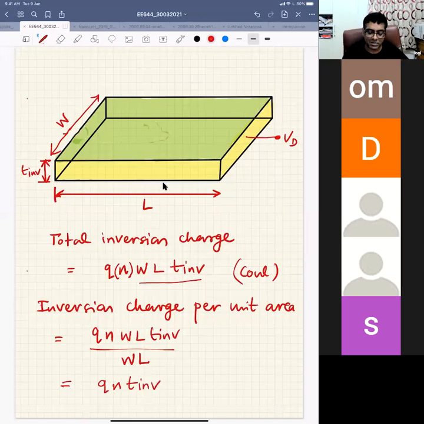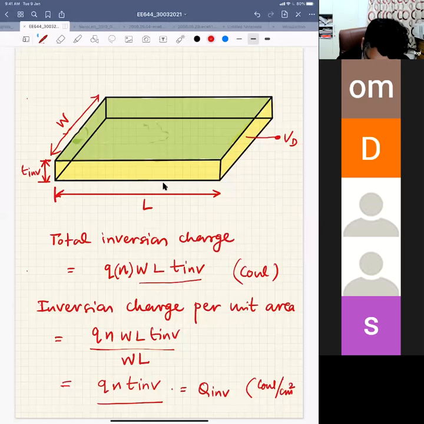This is my inversion charge per unit area, and I write this as Q inversion. The unit is coulomb per centimeter square.